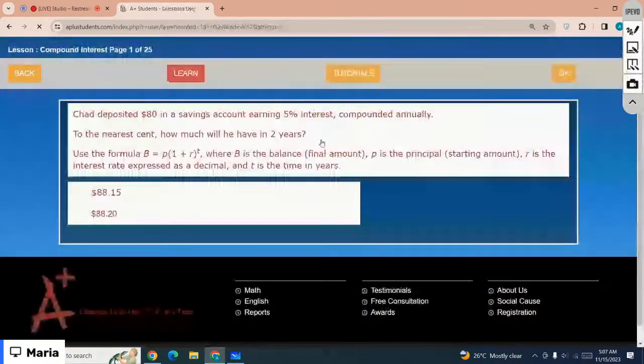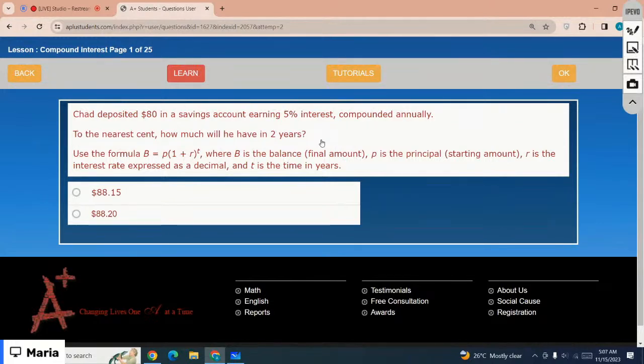Okay, Shad deposited $80 in a saving account, earning 5% interest rate, compounded annually to the nearest cent. How much will he have in 2 years? Now, time duration is 2. The principal amount is $80, 5% is the interest rate, and the time duration is 2 years.